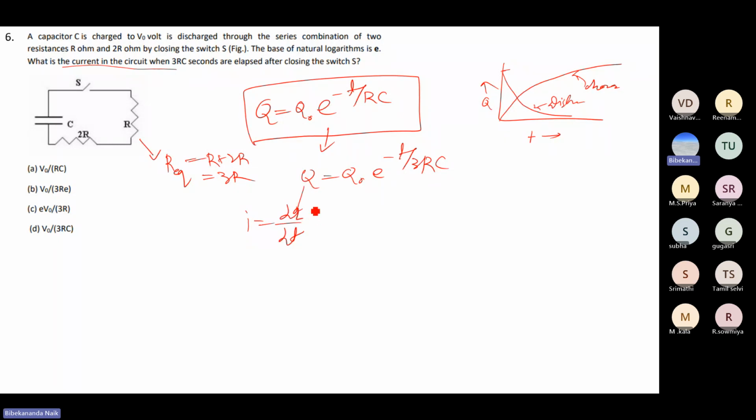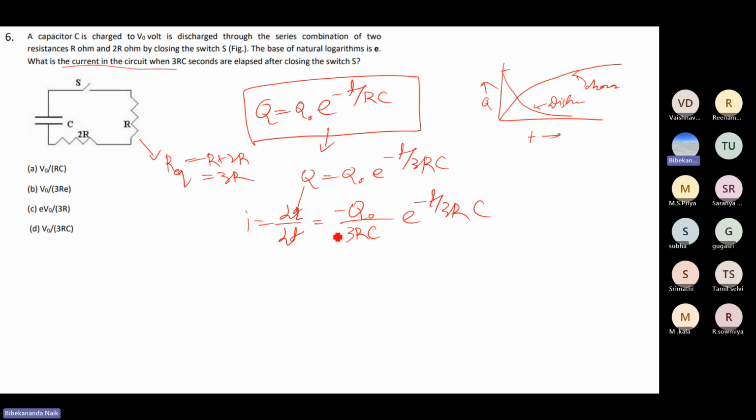Here this Q is this Q. So the current in the circuit dQ by dt will be Q0 by 3RC e to the power minus t by 3RC. Here another negative sign will come, but we only need to find the value of the current. We don't need to find the direction, so we can neglect the negative sign.